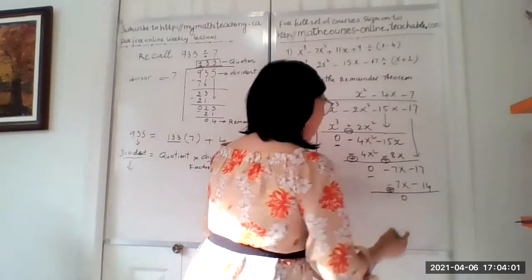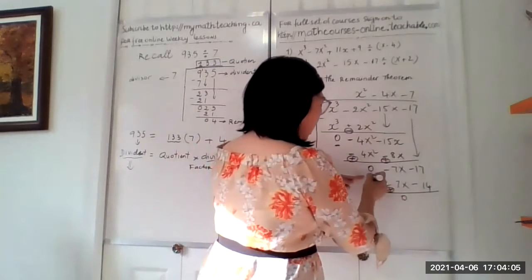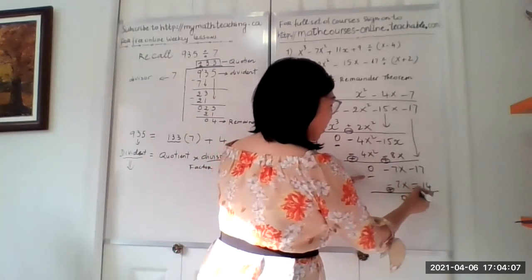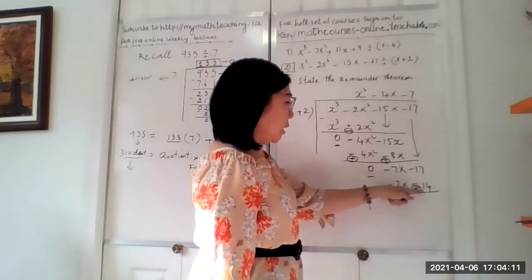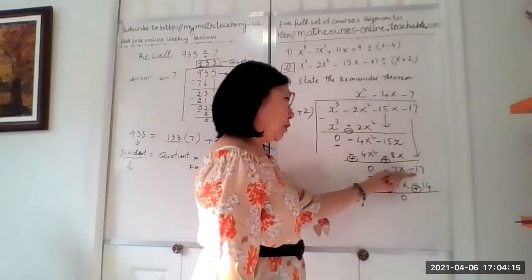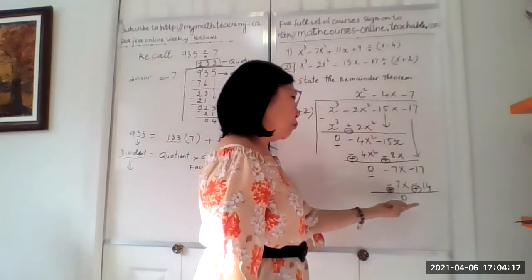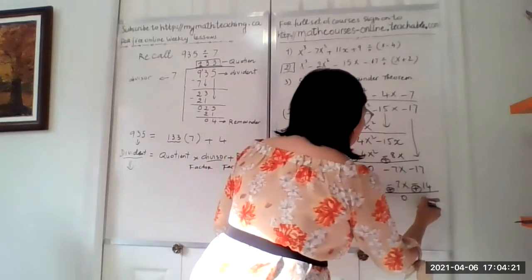Of course, they are opposites, so they cancel out each other, giving 0x. This negative times negative will become positive 14. We have minus 17, subtract positive 14. So this lost 17 will meet the gain of 14. So we still lost, right?